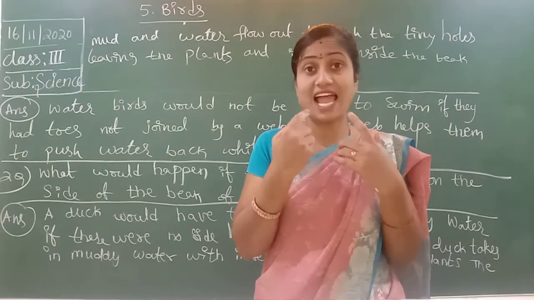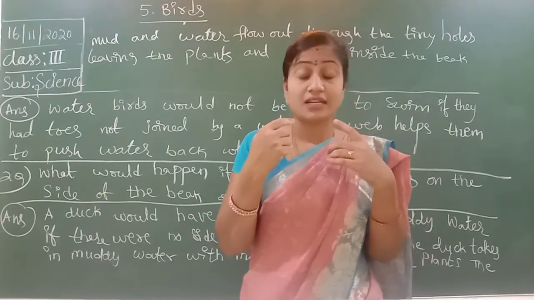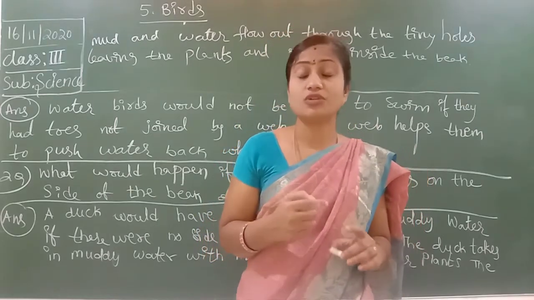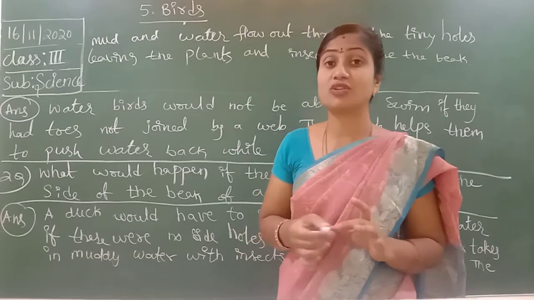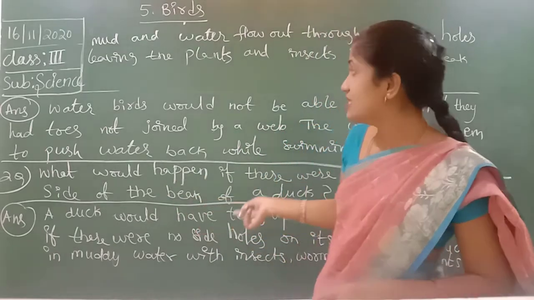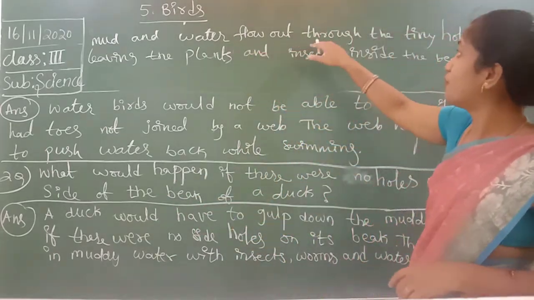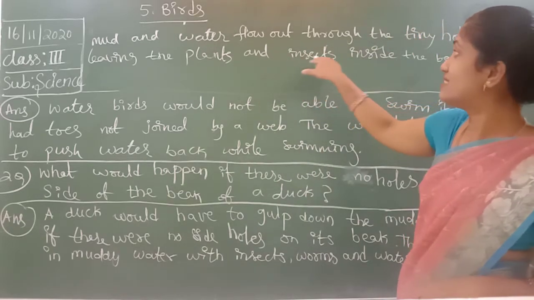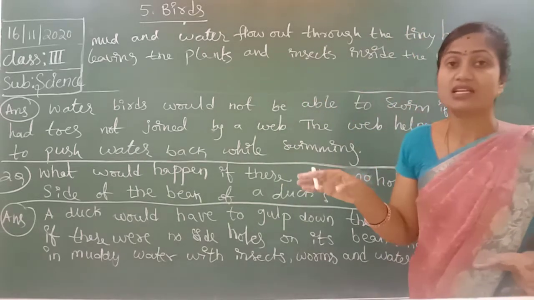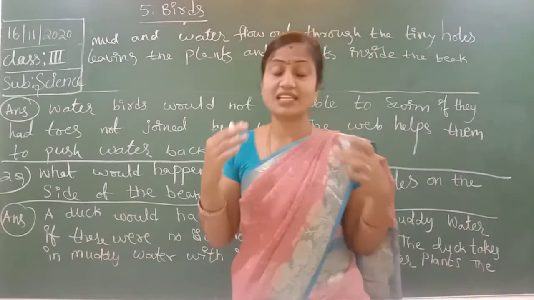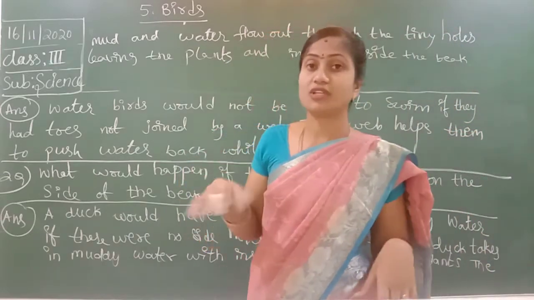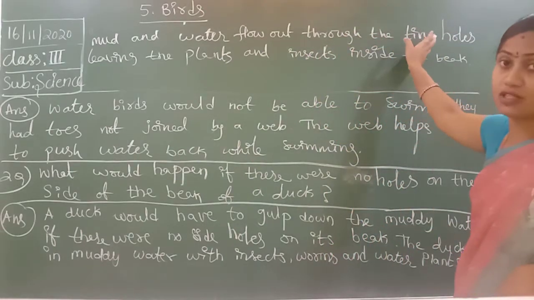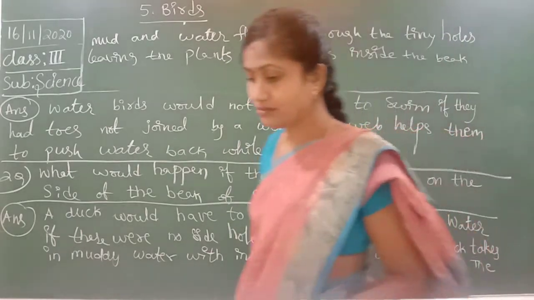The remaining water goes through the two holes. That arrangement is very good in ducks. So mud and water flow through the tiny holes, leaving the plants and insects inside the beak. So it can catch that food and the remaining water goes out. Okay.